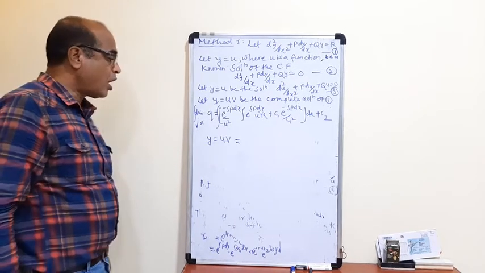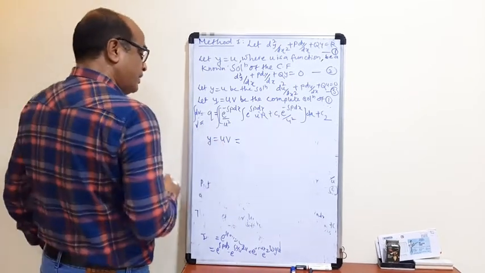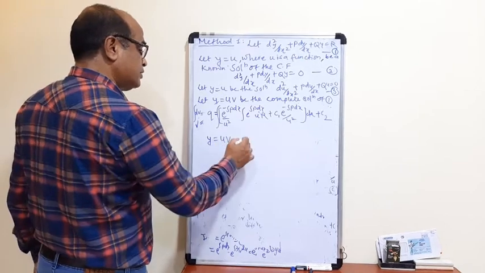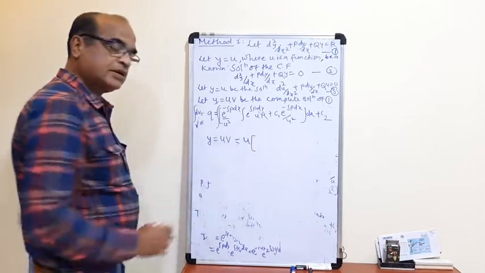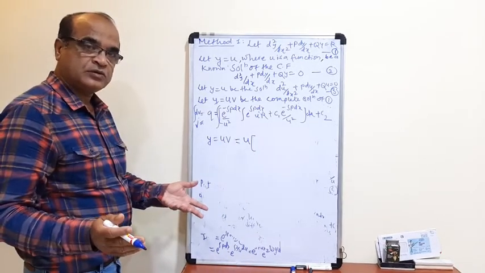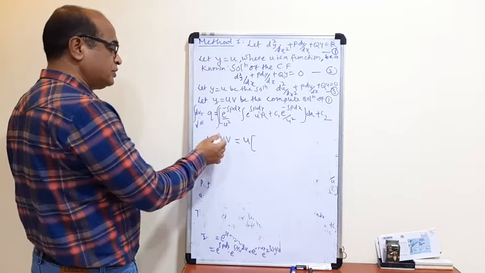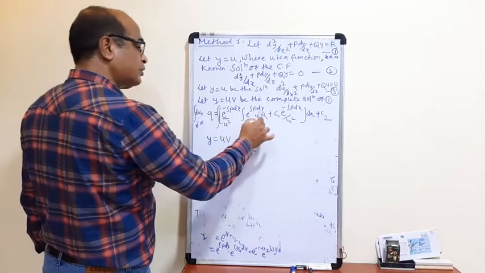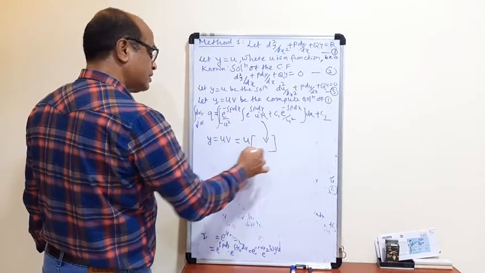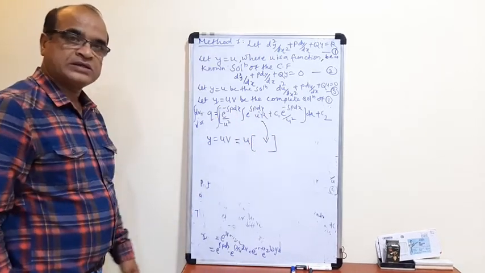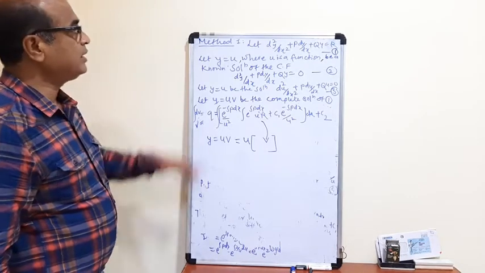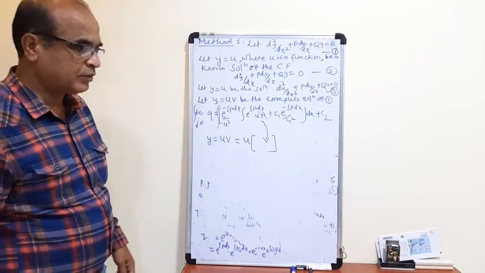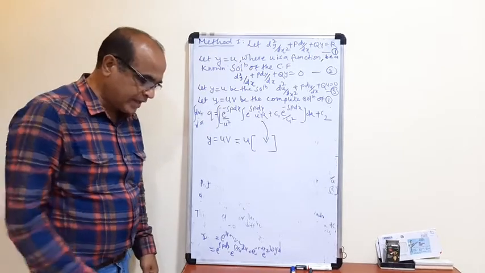Our method is for finding the solution when one integral is known. So u is the known solution, and v is to be determined here. So put this value here. This is the complete solution of the second order differential equation.